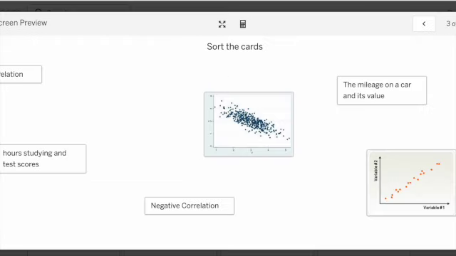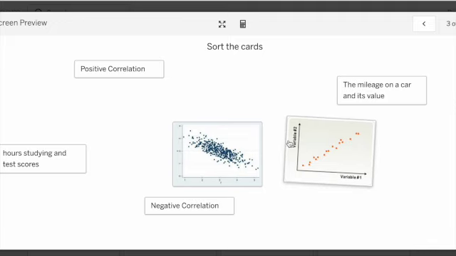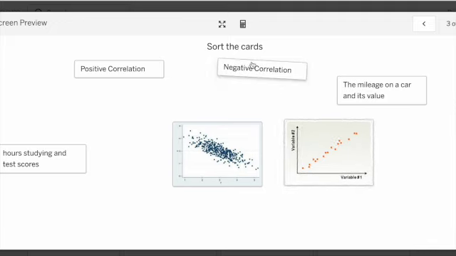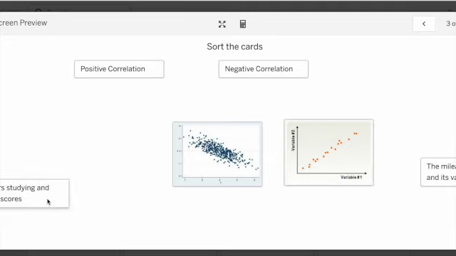We can also categorize correlations not just in terms of how strong they are, but in terms of whether they're positive or negative. So let's again look at the graphs first and see which of these two graphs, the blue one or the orange one, would you say has a positive correlation? Remember, when you read a graph, you always read it from left to right.